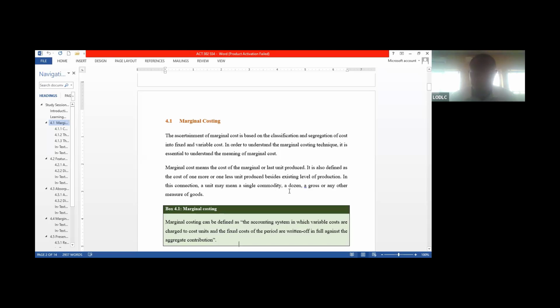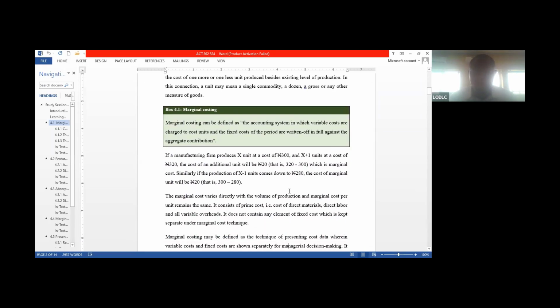Now, we have one example here. If a manufacturing firm produces X units at the cost of 300 naira, and X plus 1 units at the cost of 320 naira, that is, the firm increases the units by 1, the cost of the additional unit will be 320 minus 300.